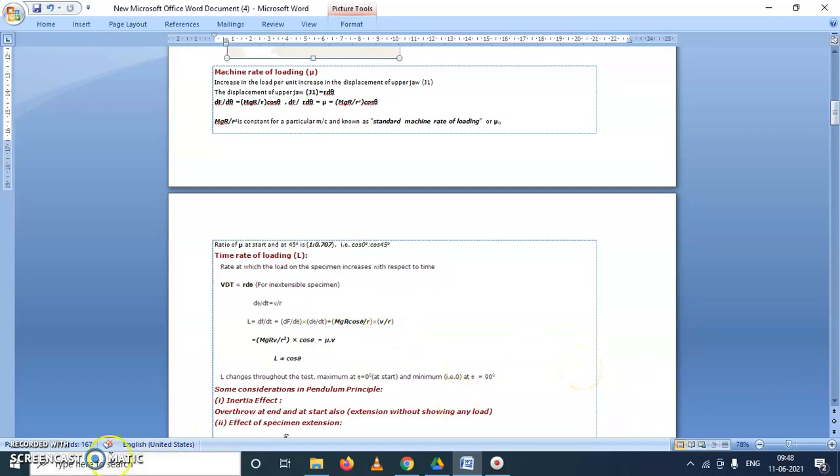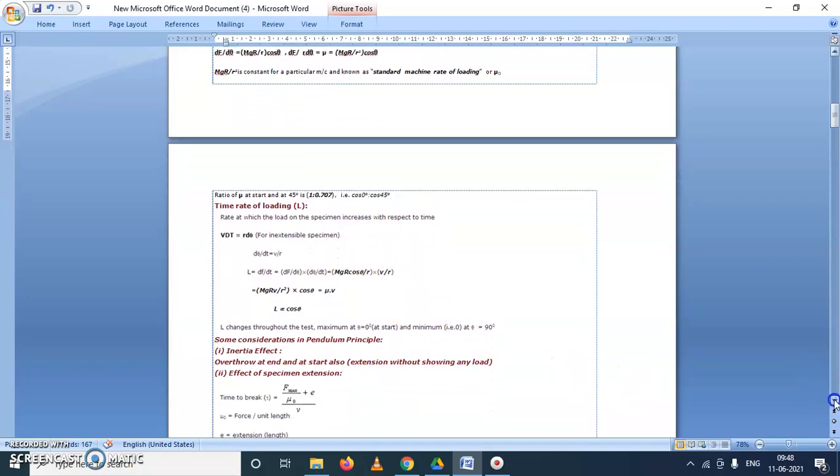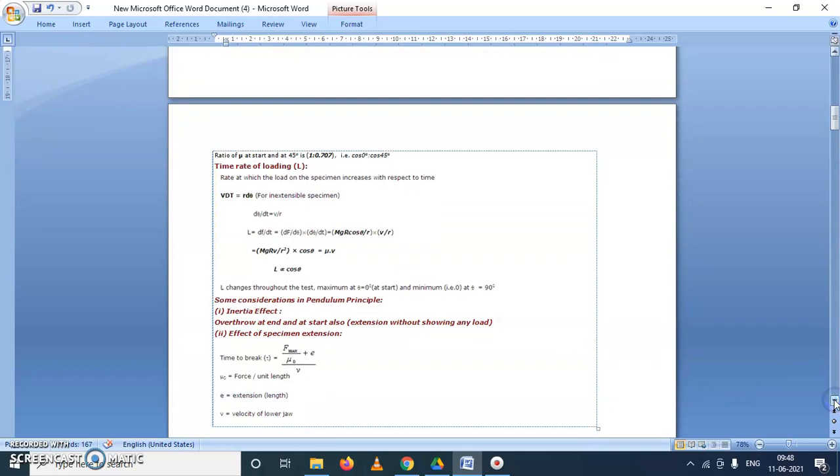Why have we written it? Because L is equal to r theta, as we have already discussed, and speed is equal to distance upon time. So distance can be written as speed into time. So v dt is equal to r d theta. That is why d theta upon dt can be written as v upon r. It is a simple formula-based thing, you can understand. Otherwise, if you have any problem, please contact.